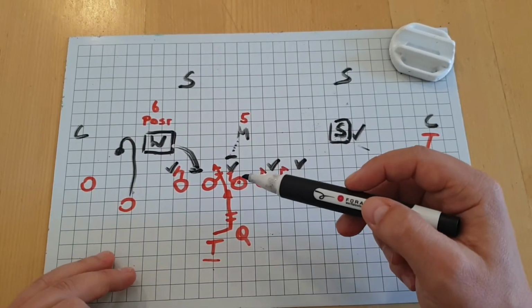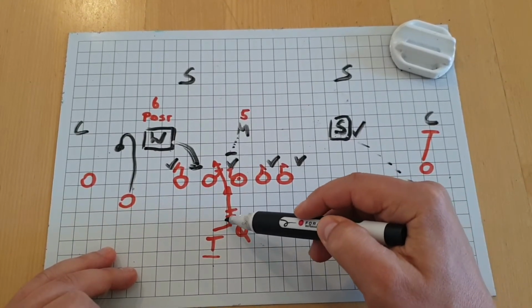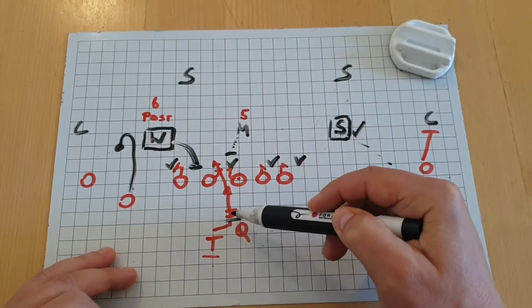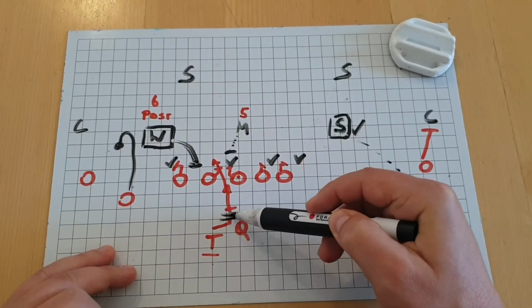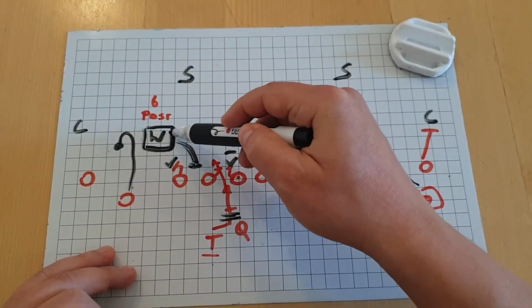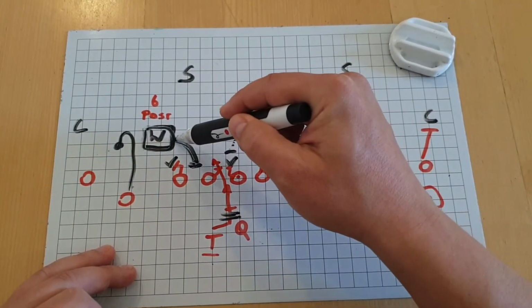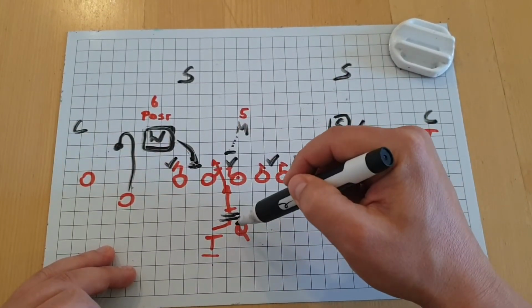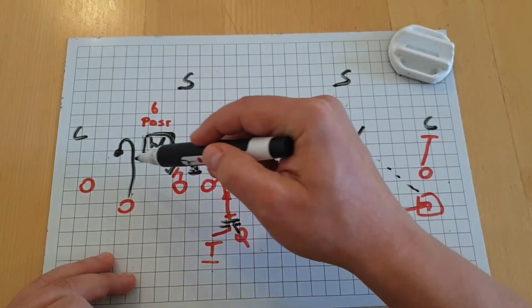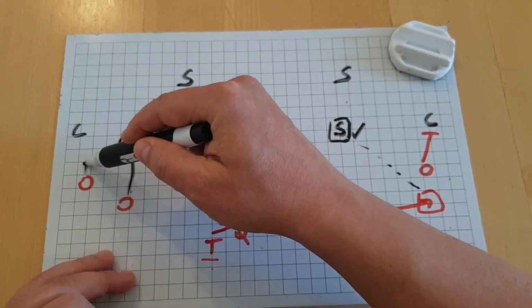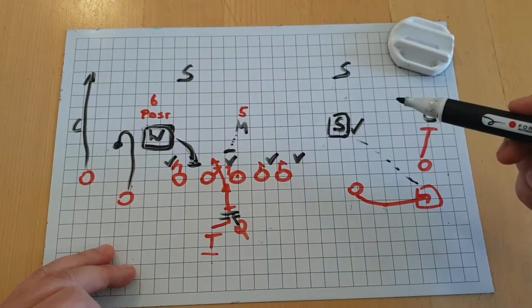So what the quarterback will do, he will take the snap, put the ball into the pocket of the handoff, and then read the reaction of this Will linebacker. Is the Will linebacker attacking B gap hard? Quarterback will pull out the ball and throw this little route. Let's say, for example, we run this concept right here.